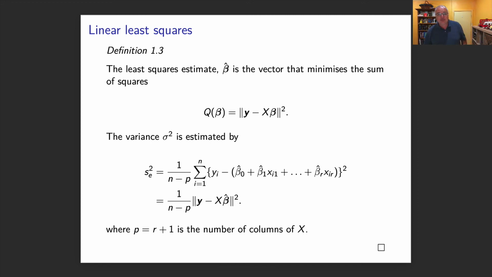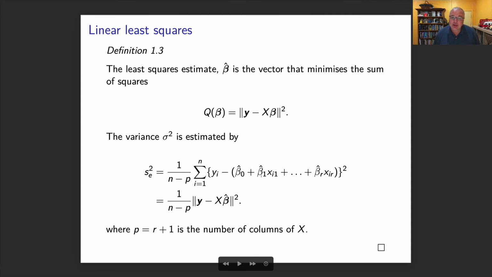Once I've got my betas, if you think about my model, I've got all the betas I want to estimate. I've also got that sigma squared, the variance term. And that I can estimate, and denote by s_e squared: take the observation minus the predicted value from the model, square it all, and then divide by the degrees of freedom, which is n minus p, where n is how many observations and p is how many guesses I've made.